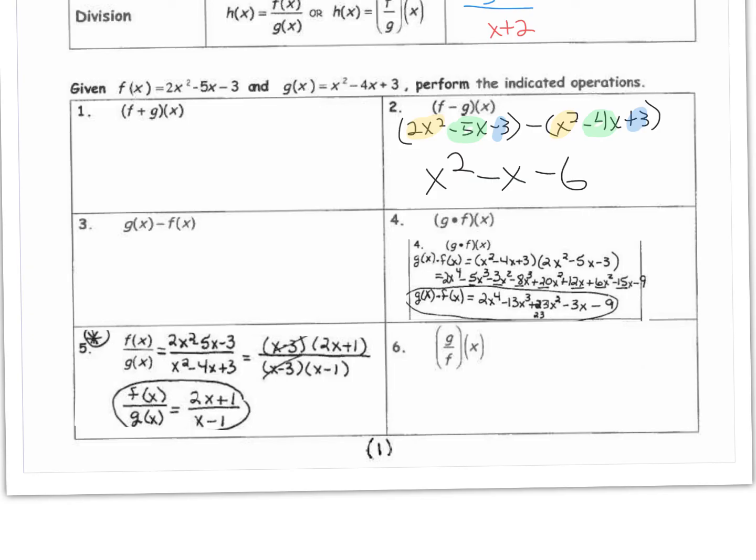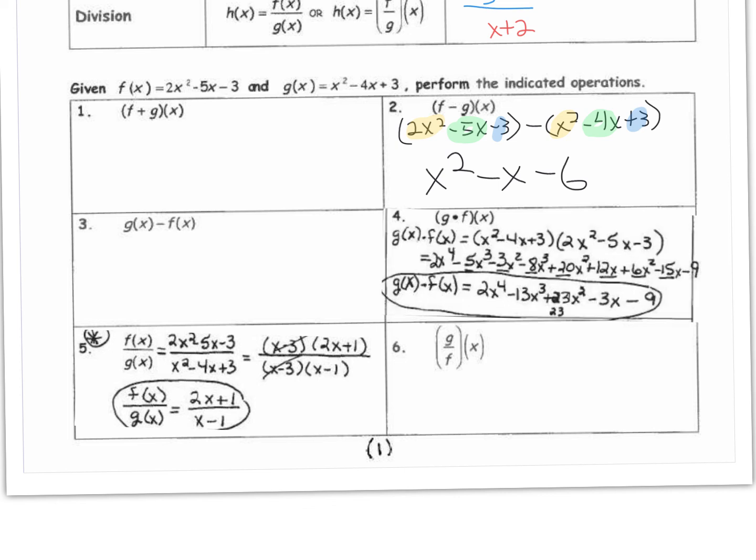Now for these other two examples, number 4 and 5, 4 is multiplication, 5 is division. I went ahead and cut and pasted some notes here, so it's been worked out for you. So with this multiplication, we have to multiply the individual terms of g of x times all 3 terms of f of x.